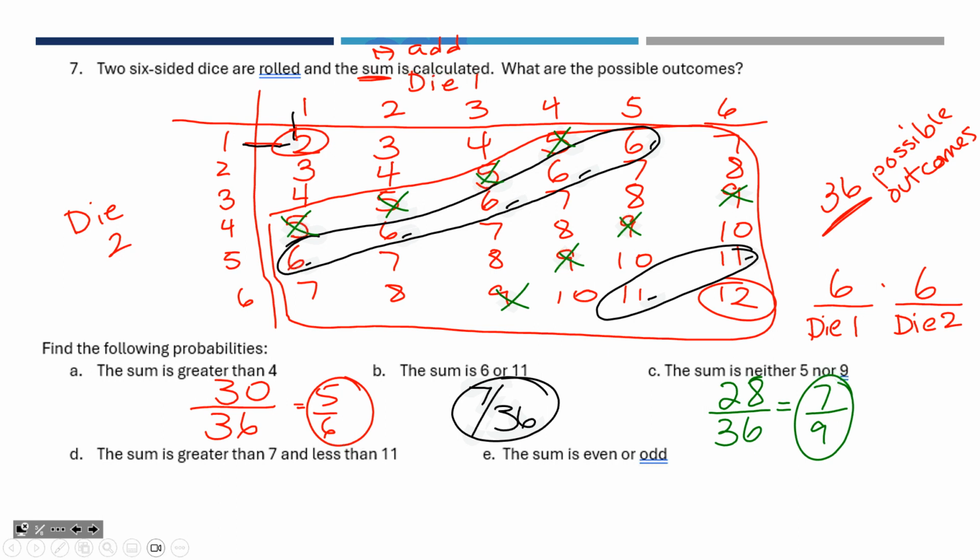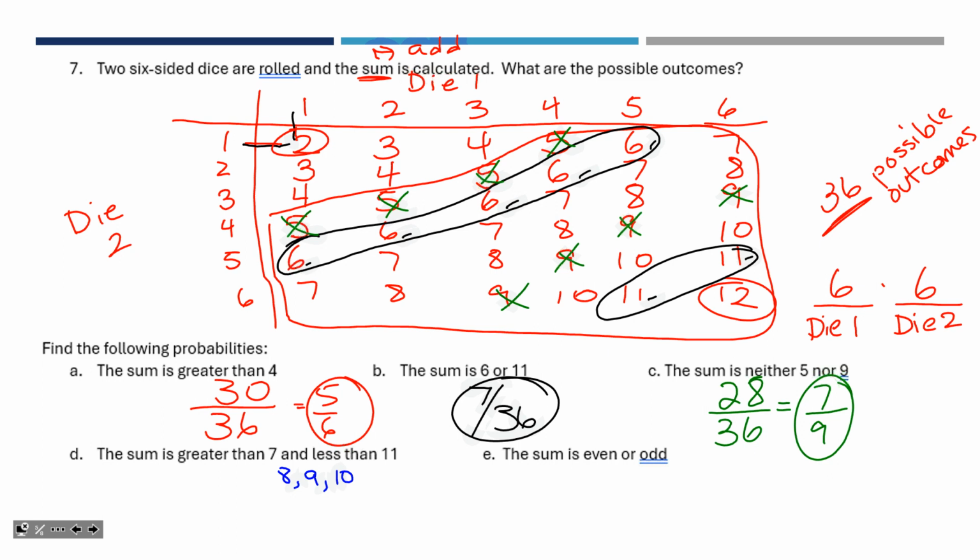Okay, part D. The sum is greater than 7 and less than 11. Well, what could that mean? What numbers are greater than 7? 8, 9, 10, and less than 11. I have to stop there, right? I don't want to include the 11.